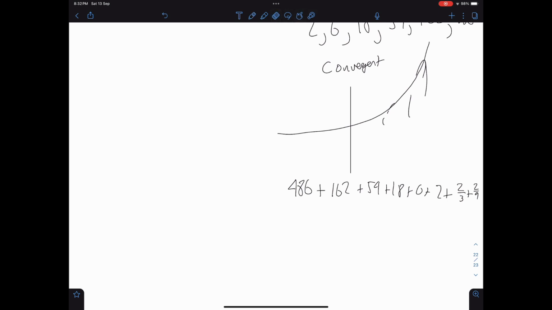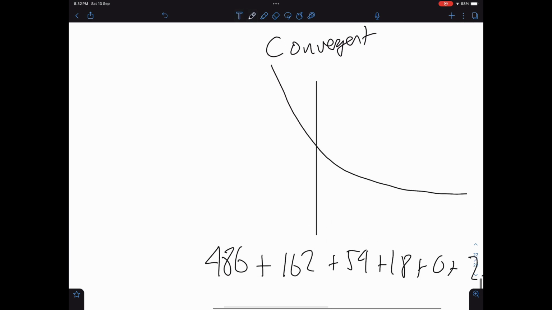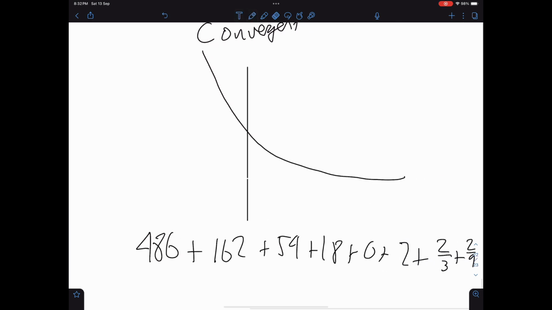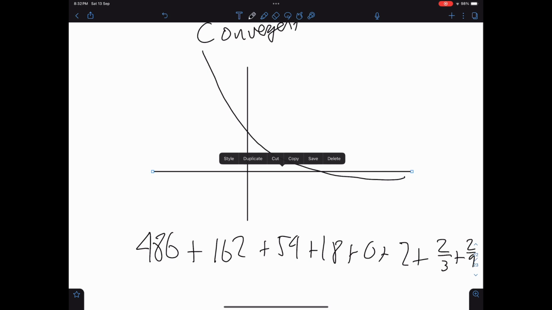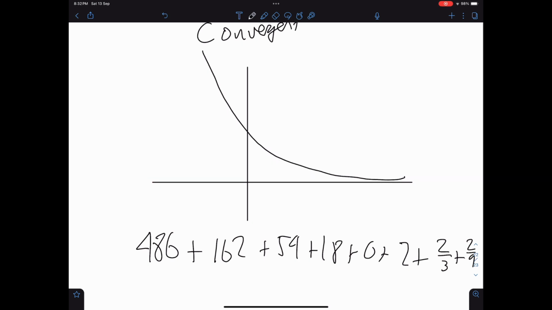Suddenly that's become a lot smaller, and it tends to 0. We're getting closer and closer to 0. So if we were to add all these up from this point here, eventually, because we get to essentially 0, there will be a limit to it.